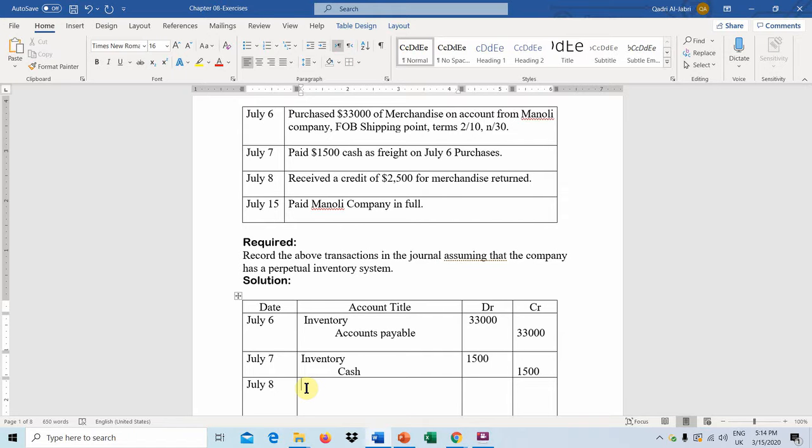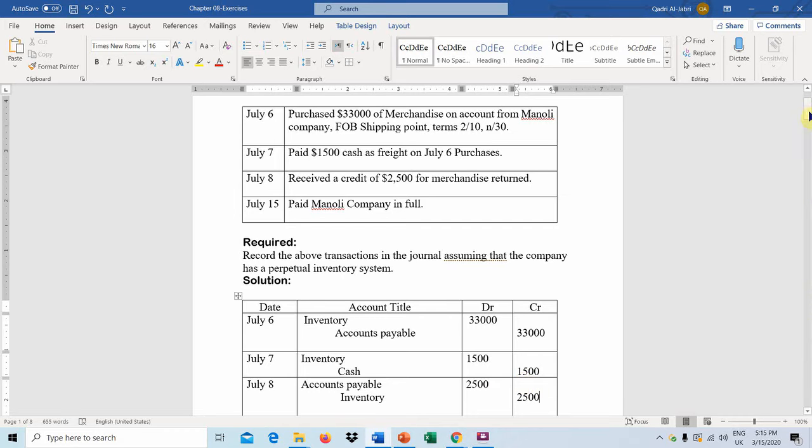So inventory will be credited, and also the liability related to this transaction will be decreased. So now accounts payable, the liability, will be decreased by 2,500 and inventory will be decreased by 2,500.